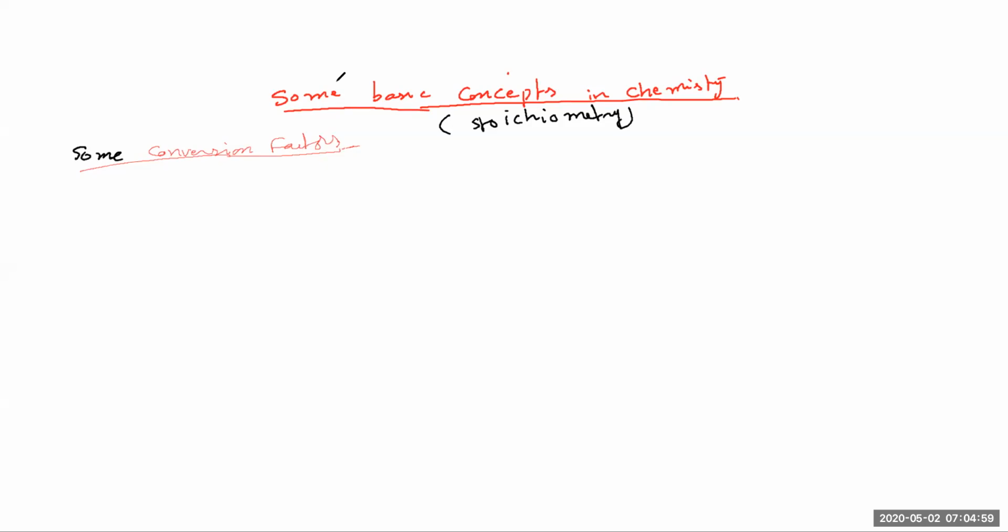So you note all these SI units, SI units for some common derived quantities.